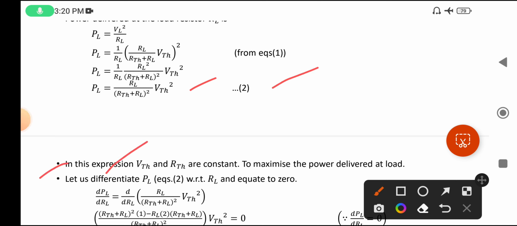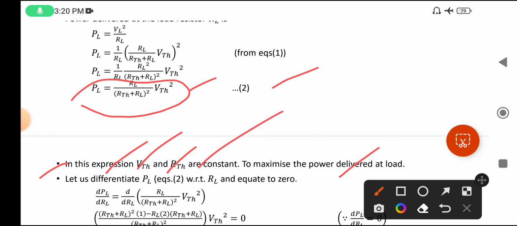In this expression, V Thevenin and R Thevenin are constant. To maximize the power, meaning if you want to deliver maximum power at a load, what do we have to do? We have to differentiate it and make it zero. Why do we have to make it zero?